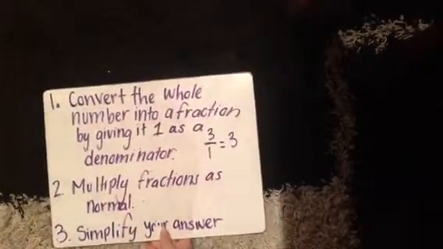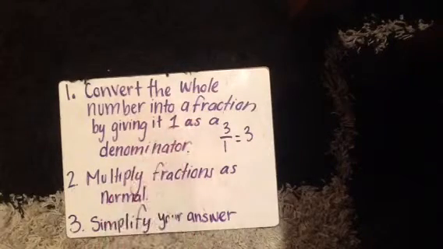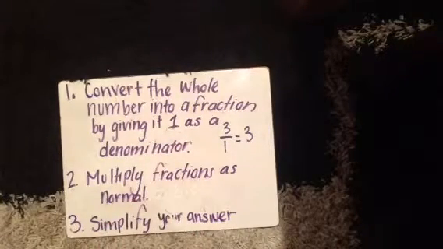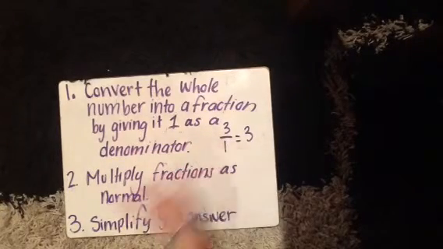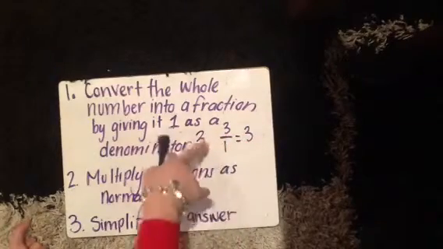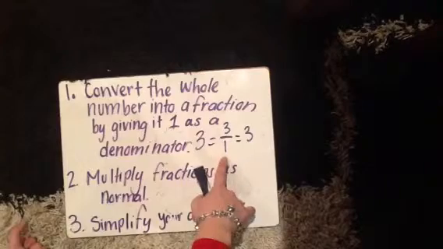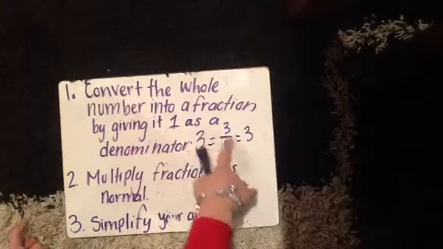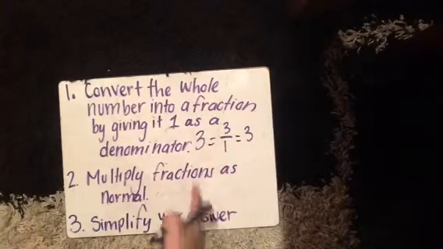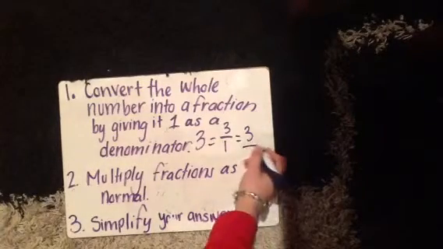The first step is we need to convert the whole number into a fraction by giving it 1 as a denominator. So if our whole number is 3, we turn it into a fraction by giving it a denominator of 1, because when a fraction has a denominator of 1, the value of the number doesn't actually change, because 3 divided by 1 is 3.